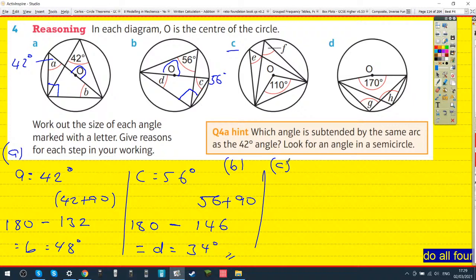Okay. So 110 degrees. Are they both half of O? Yep.